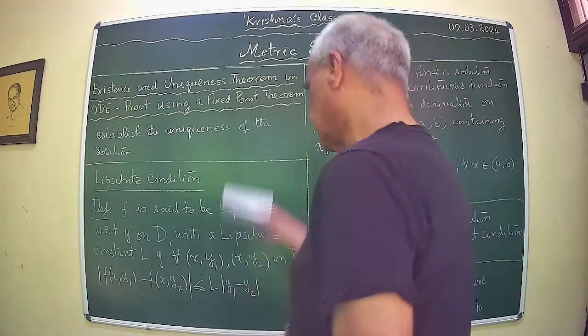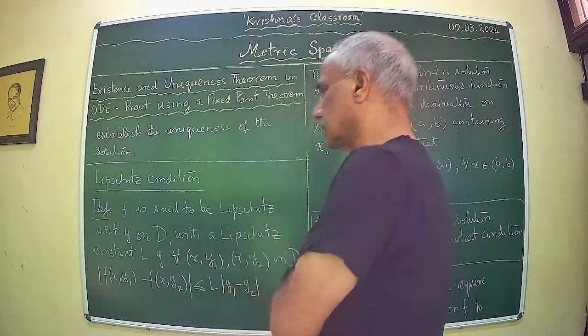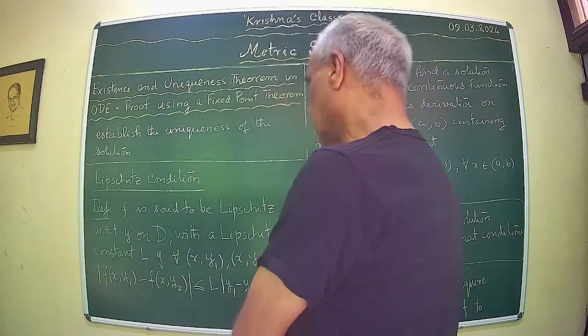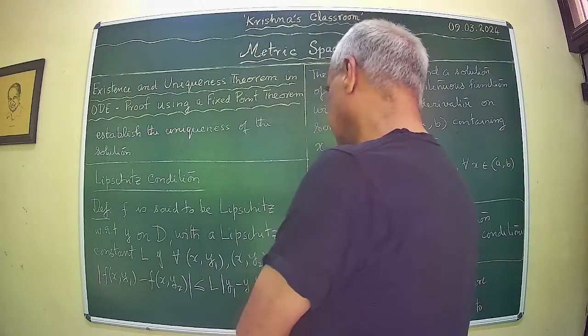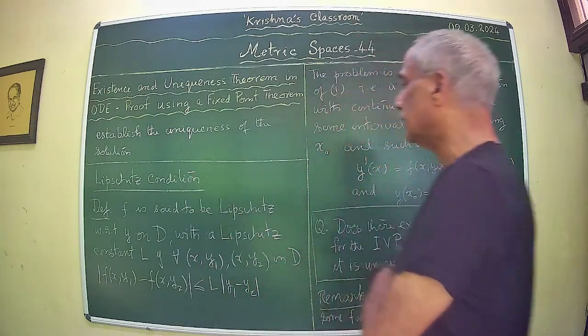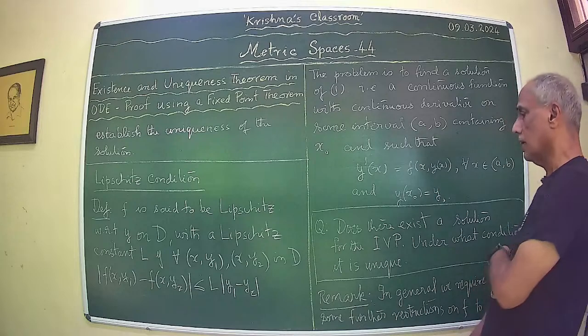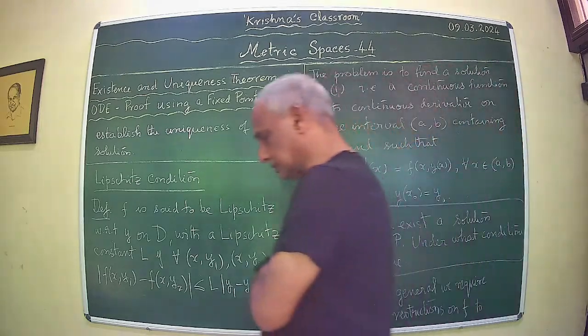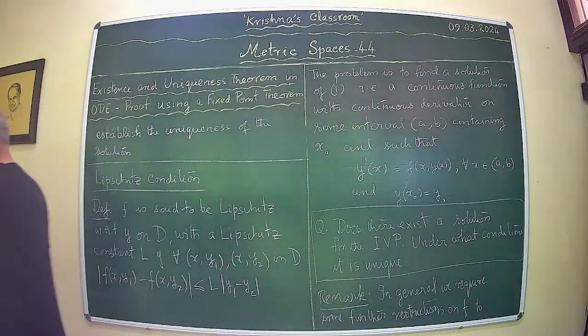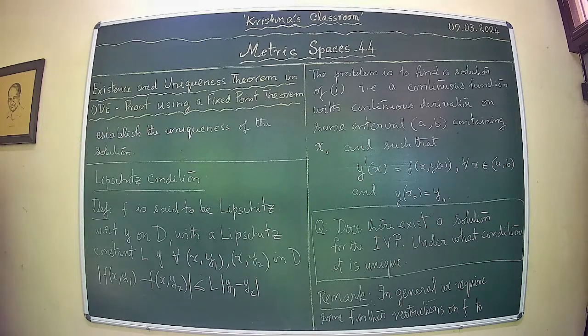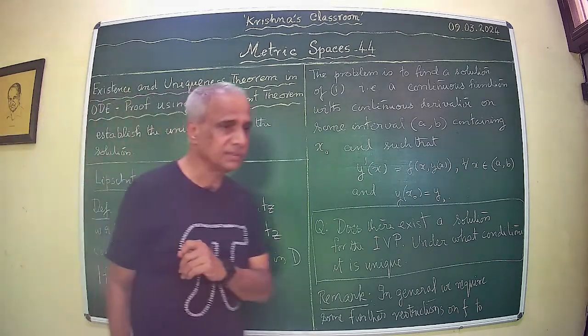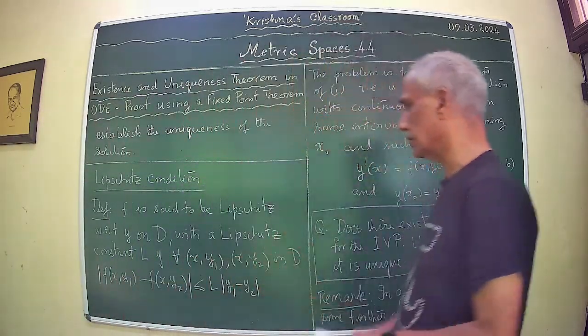Now we shall not digest too much on this because that's a totally different direction in which we will be discussing this, and there are details of this, some conditions under which Lipschitz condition is assured, etc. It is all available in the literature.